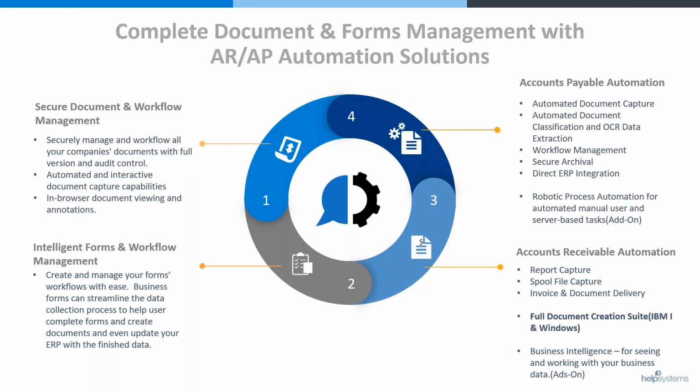We have a variety of solutions in the four key business areas that can help you at every step of your digital transformation journey, from secure document and workflow management of your IBM I reports and company documents, intelligent forms and workflow management to start the process of working beyond the paper in your organization and start to enforce not just the data collection, but also the workflow that is required. And this is one of those topics that we'll be talking about today in the two faces of forms management.